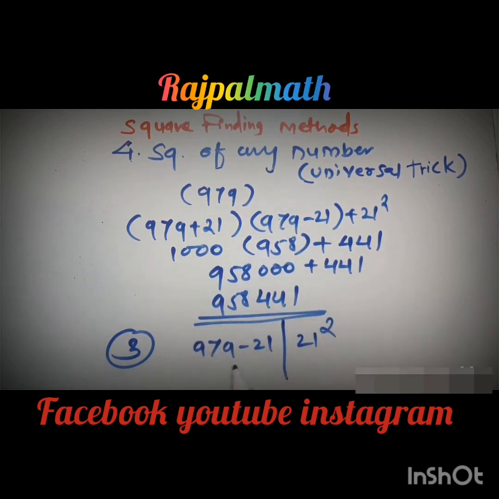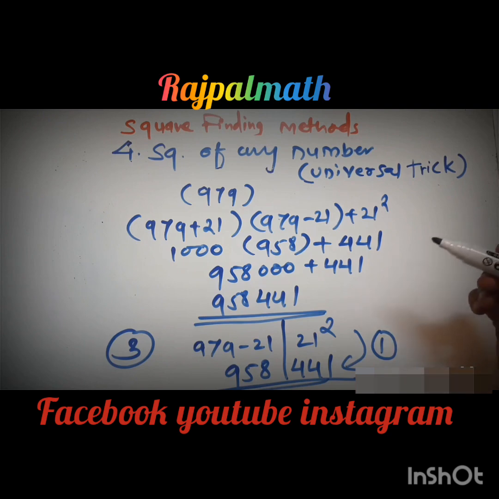So it's simply 958,441 is my answer. You can get it in just one step. That's what I'm saying. You should apply your square finding method very wisely so that you can save time. That's all about all these methods to find the square.